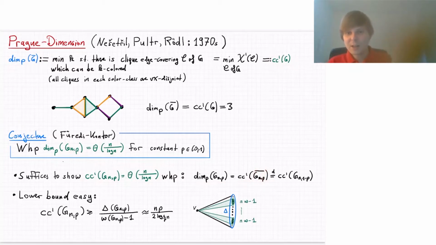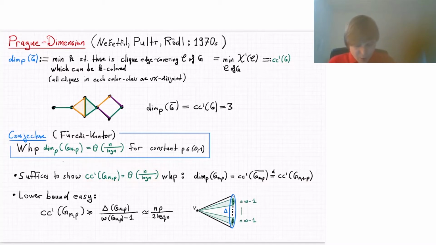So instead of inserting an edge with probability p, we just think of an edge as being inserted with probability 1 minus p. So the point is that if you have some constant p between 0 and 1, then also 1 minus p is some constant between 0 and 1. So it's enough to show that this clique covering index is of order n over log n.